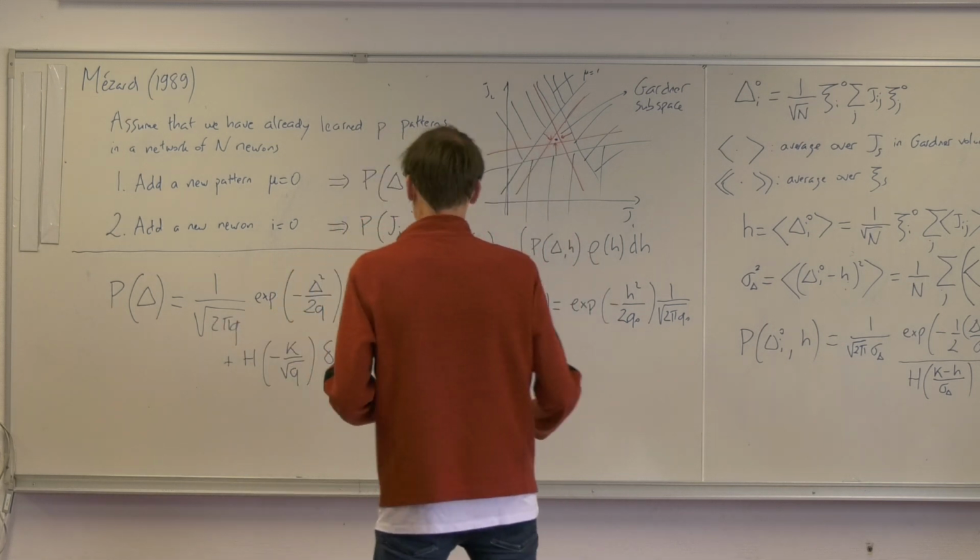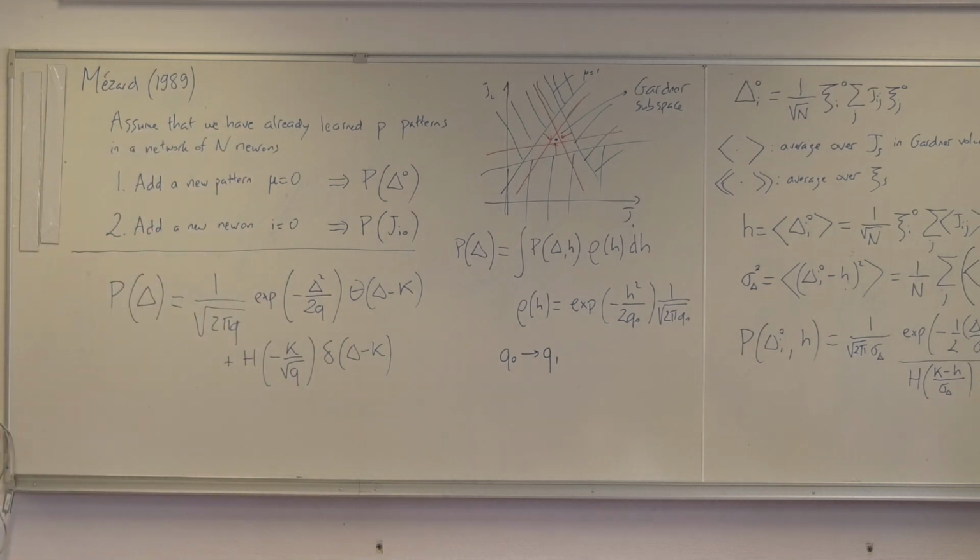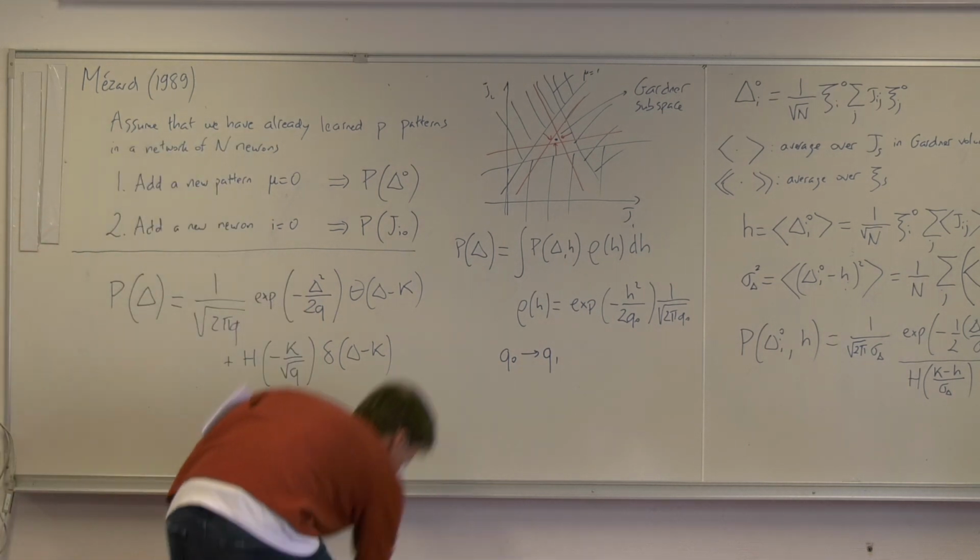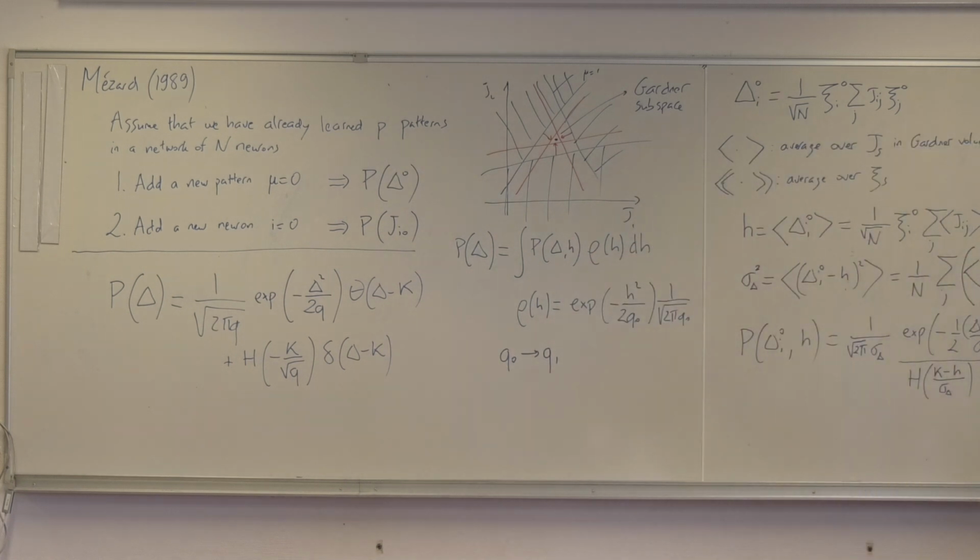So what you have now is the sum of two terms. You have a delta function at K, which corresponds to those patterns that initially did not satisfy the constraint. So the H was below K, and after the learning process, when you're close to maximal capacity, the stabilities are set exactly at K. That's the delta function here.